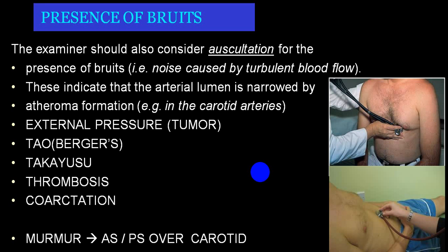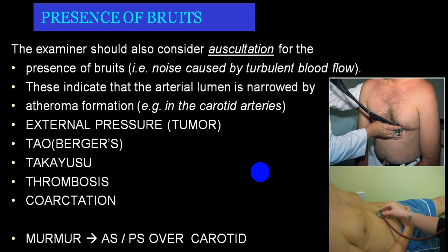In case of severe aortic regurgitation, if you put a stethoscope over the femoral artery, you will be able to hear the murmur during systole as well as diastole. During systole, the blood will flow towards the limb, and during diastole, blood will flow back towards the aorta.